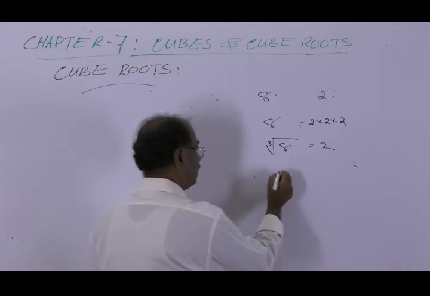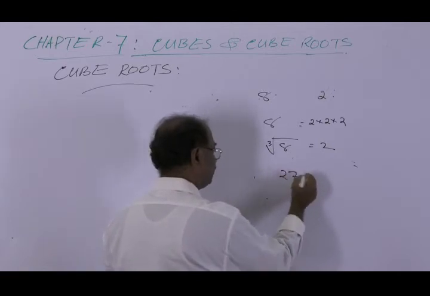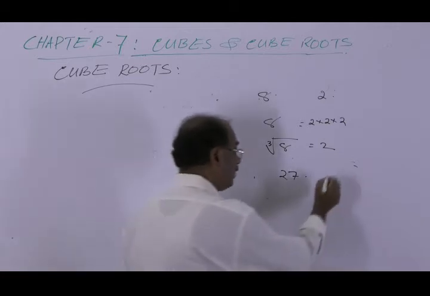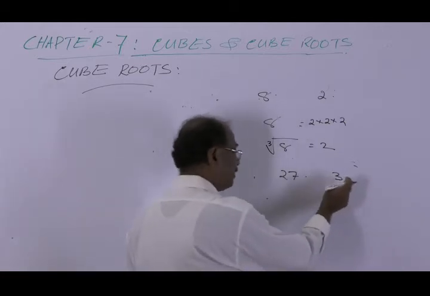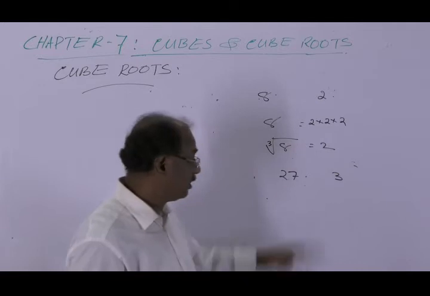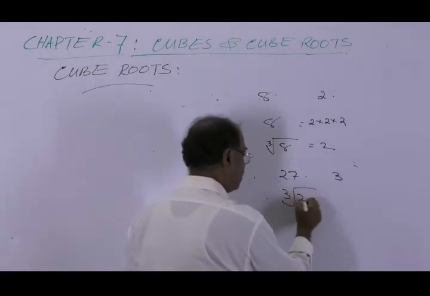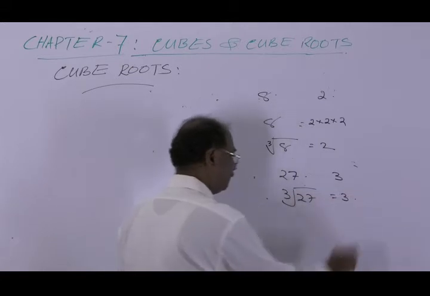Similarly, consider this 27. The cube root of 27 is clearly 3, because when 3 is multiplied 3 times, we get 27. So it is denoted by the cube root of 27 is equal to 3.